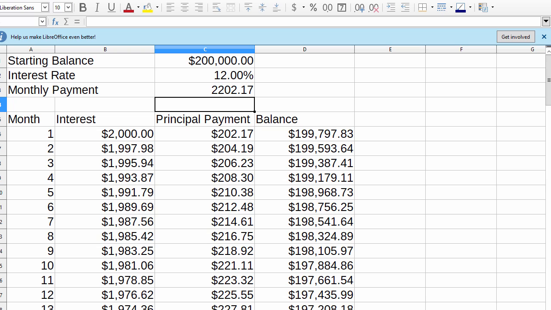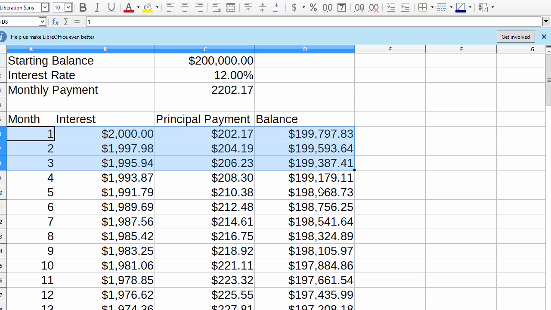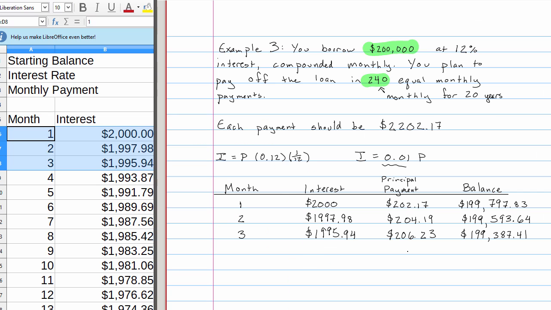And in this spreadsheet, we can see the results of making regular payments of $2,202.17 on a starting balance of $200,000. And you can see that these first three rows here are the exact same as the first three rows that we found by hand.